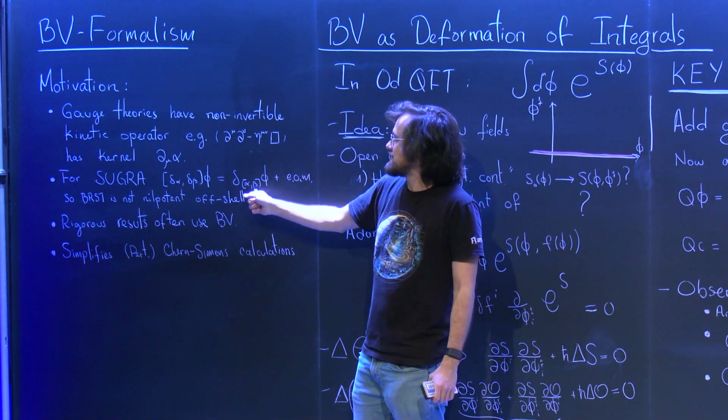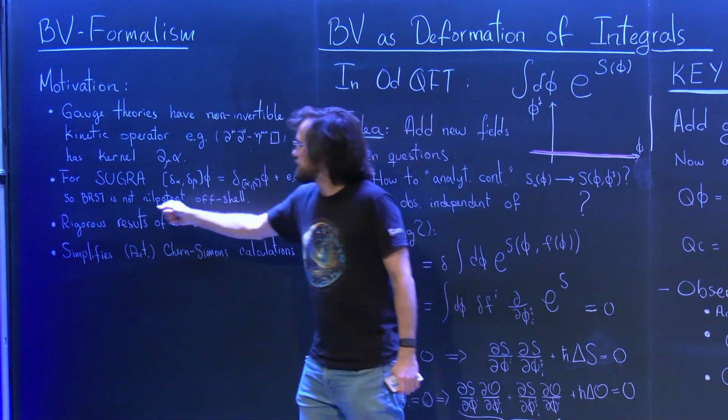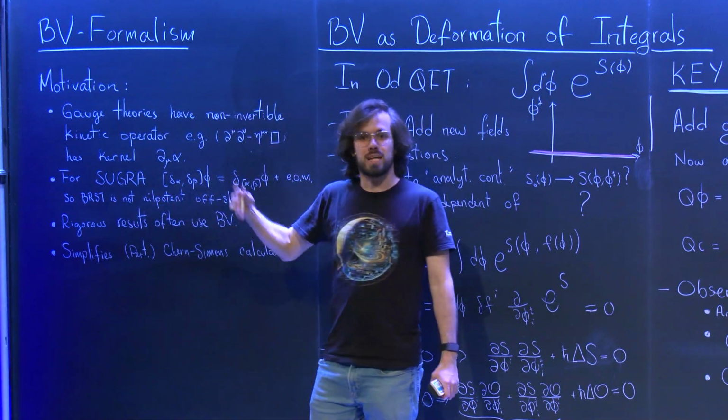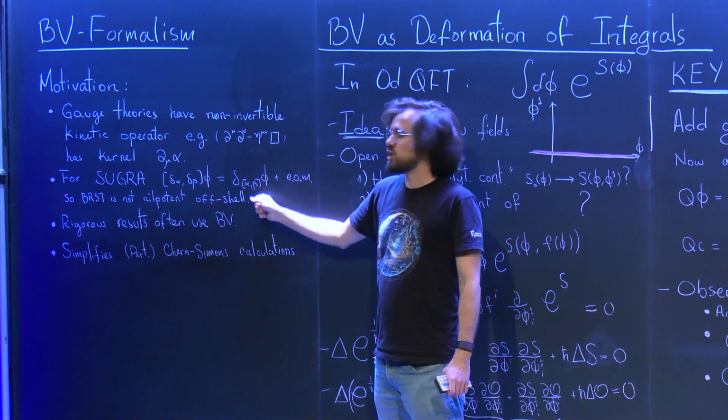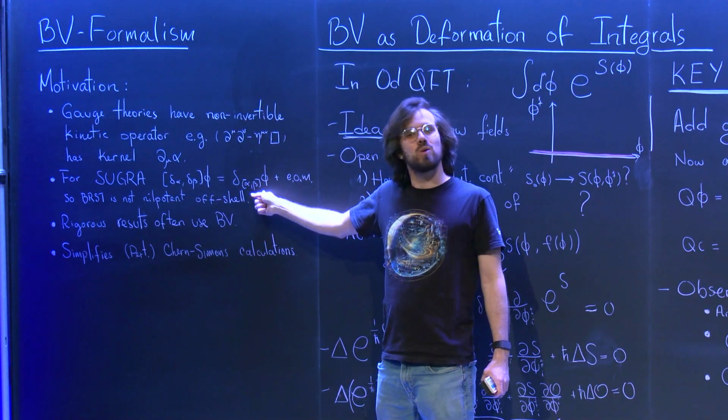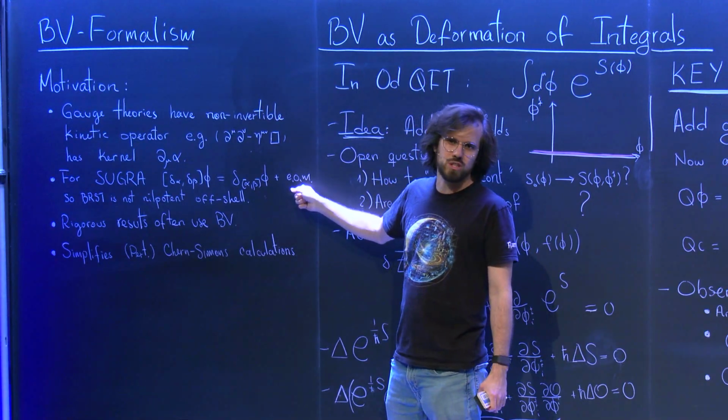And this is necessary if you do BRST for the BRST transformations to be nilpotent, that is, to square to 0. But in supergravity, this equality does not hold on the nose. Instead, it holds up to equations of motion of supergravity.